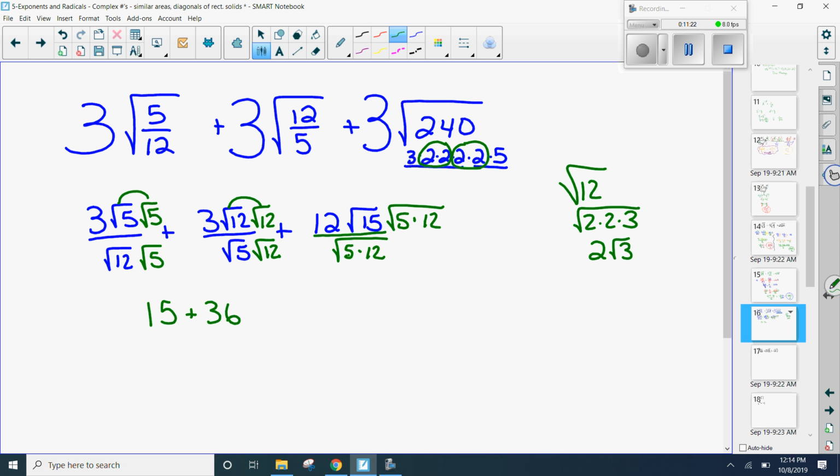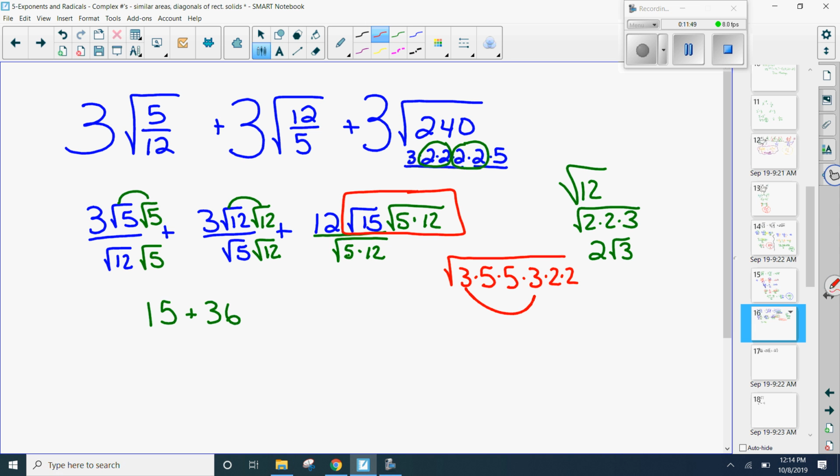Now, if I just focus on this right here, it's not as easy as a radical times itself. So if you look at that, you have the square root of 15 is 3 times 5. Then you have 5. And then you have 12, which is 3 times 2 times 2. Would you agree?